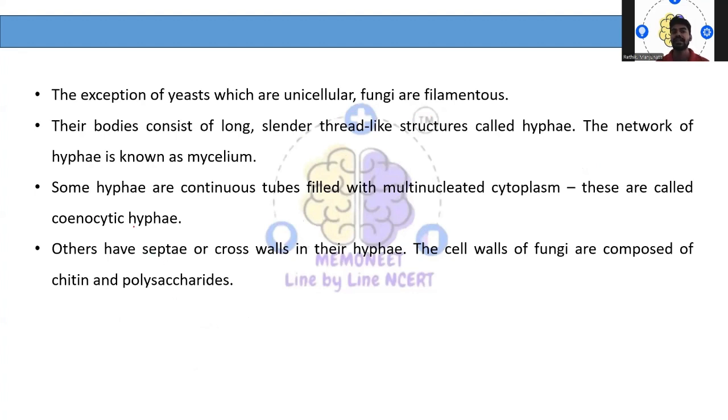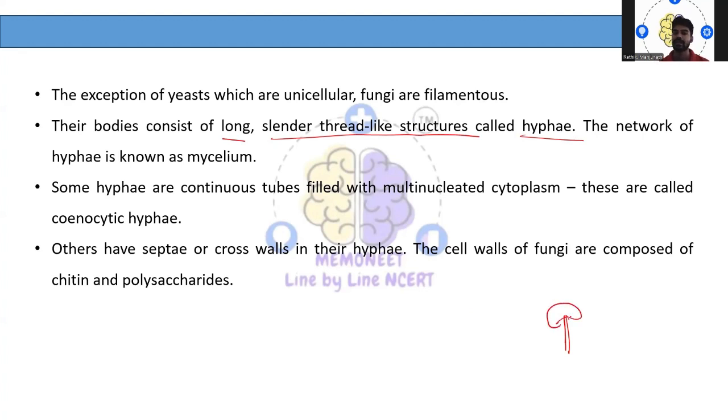With the exception of yeast, which is unicellular, that is single celled, fungi are almost all filamentous in structure, with a more complex body. Their body consists of long, slender thread-like structures called hyphae.